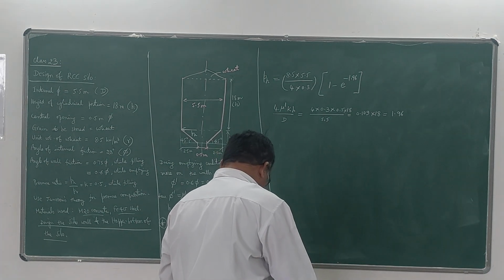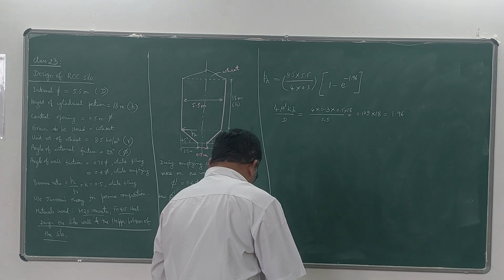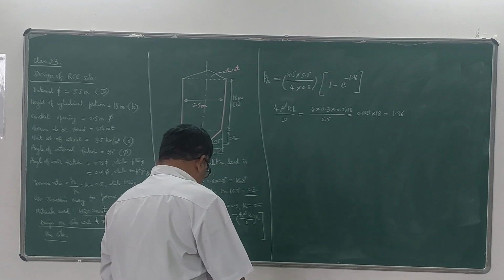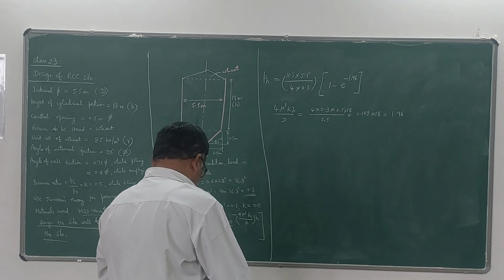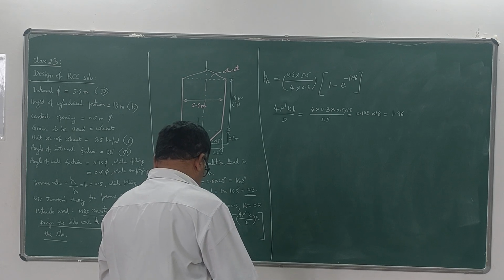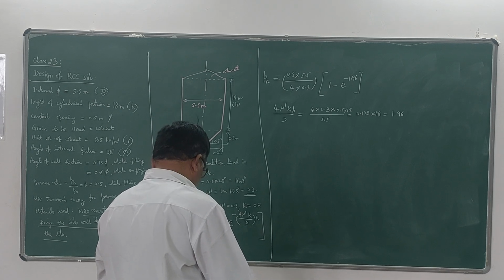1 minus of that, okay, this into 8.5 into 5.5 divided by 4 divided by 0.3.